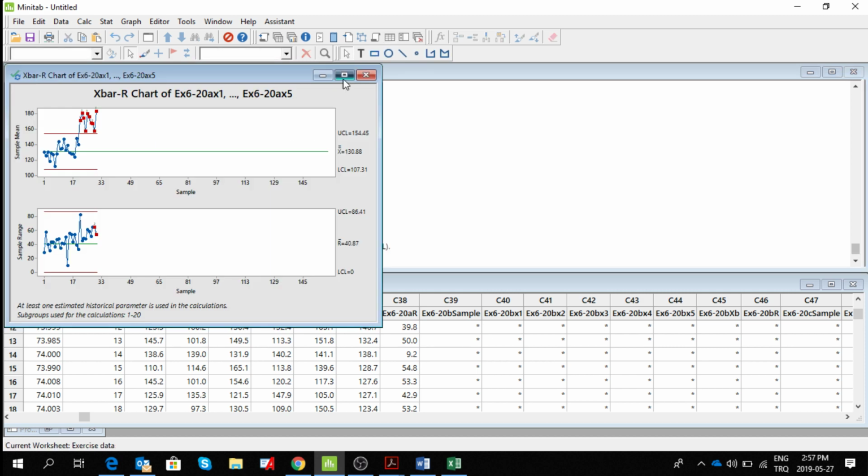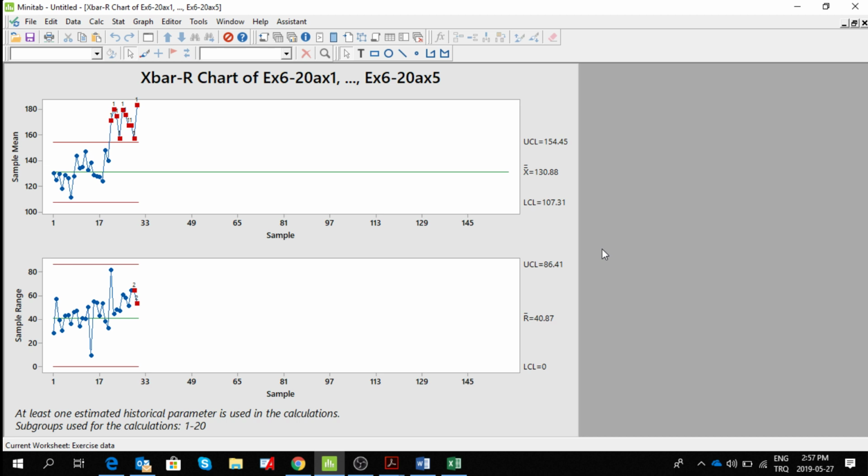Okay, let's make it bigger. Do you see that X bar bar and R bar didn't change because we set it that way? And do you see that in the X bar chart, the new data set is out of control? All of the points are actually out of control. These are the upper and lower control limits we set at the beginning by using the first 20 samples.